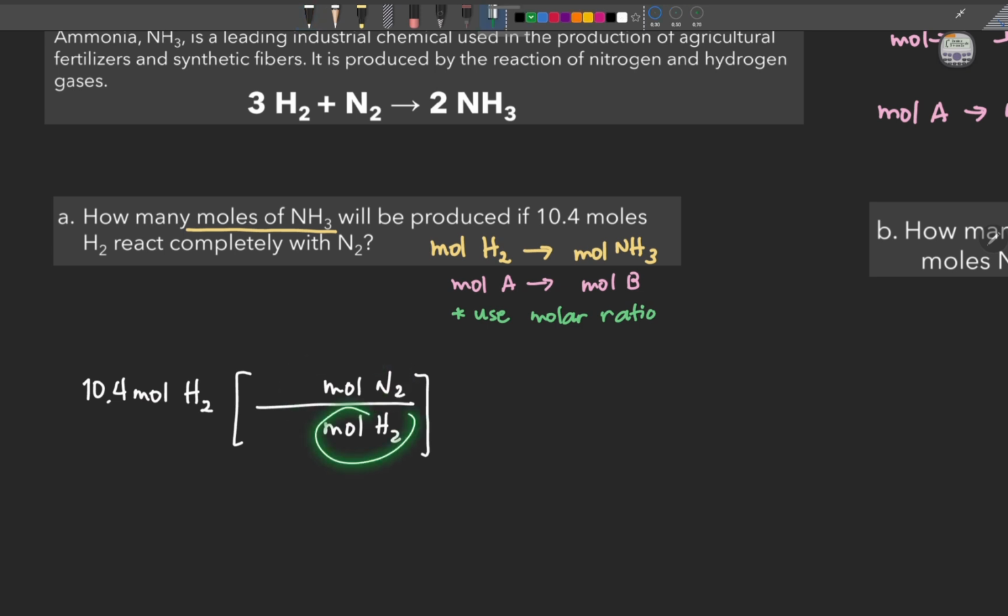The molar ratio from the balanced equation is 3 moles of H2 is to 2 moles of NH3. Then we multiply that.